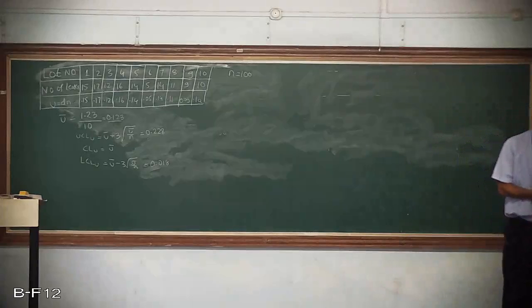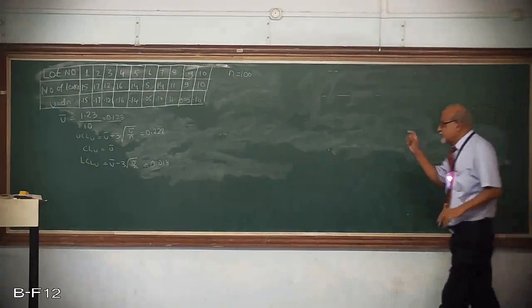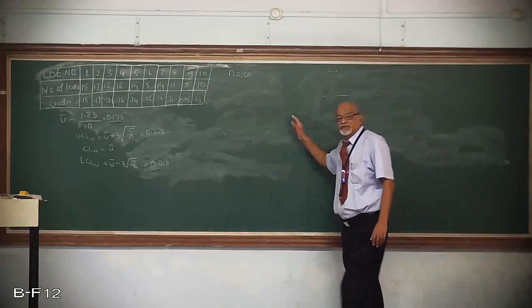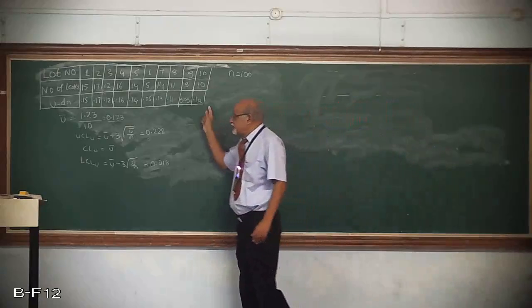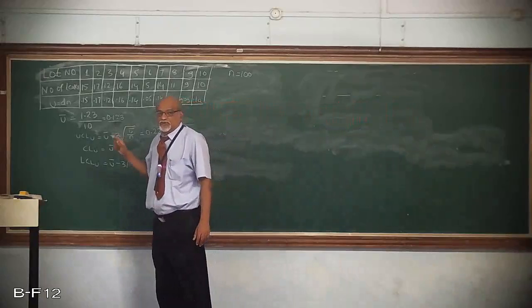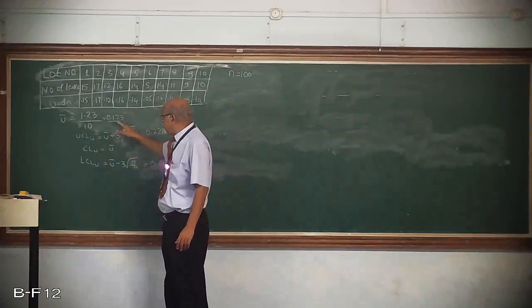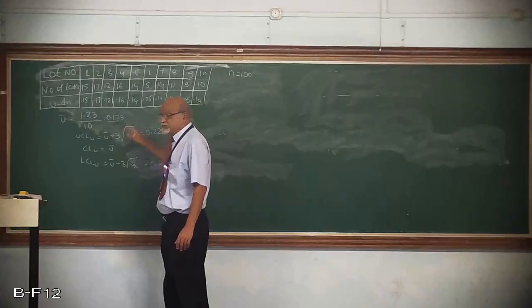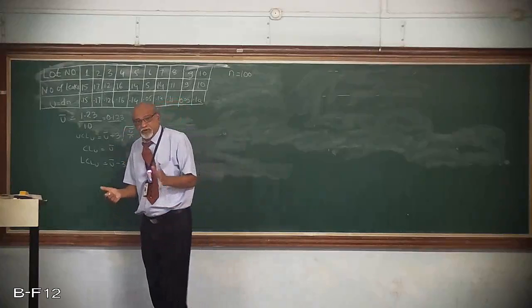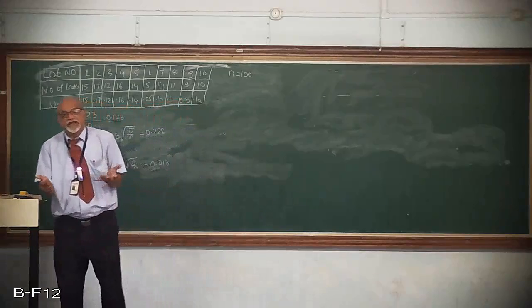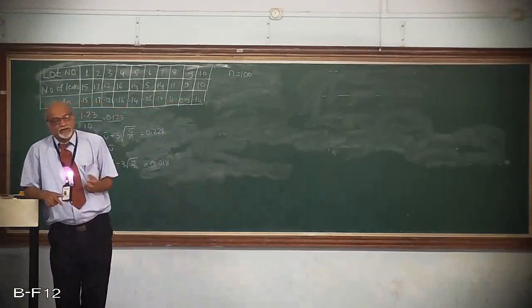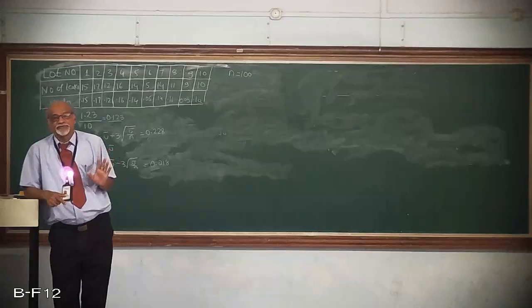I am now discussing the practical application of this. There should not be any leakage in any radiator, is it not? Because it says per unit 0.123 average. Means what? 0, because 0.123 leakage I cannot find out. There should not be any leakage at all.